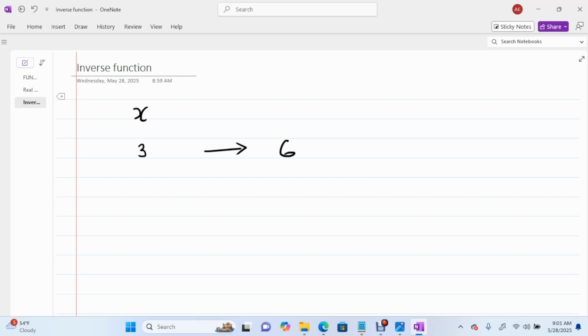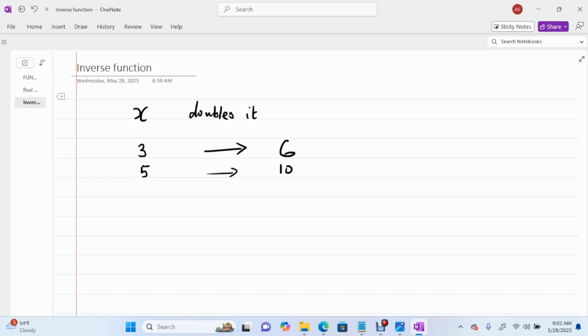What if you give it a 5? It doubles whatever you give to it, so you get a 10. And if you give it a 15, you get 30.